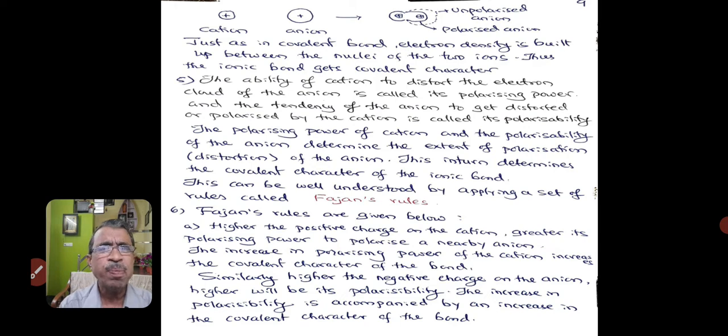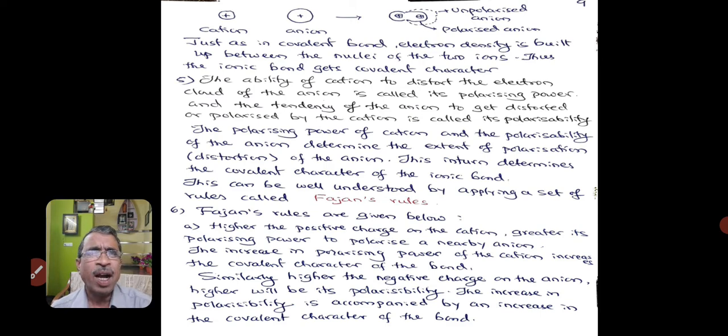The polarizing power of the cation and the polarizability of the anion determine the extent of polarization, that is, the distortion of the anion. This in turn determines the covalent character of the ionic bond.